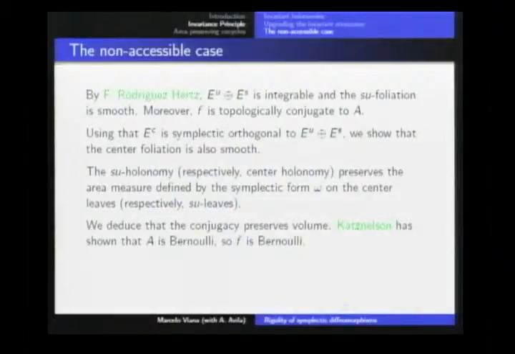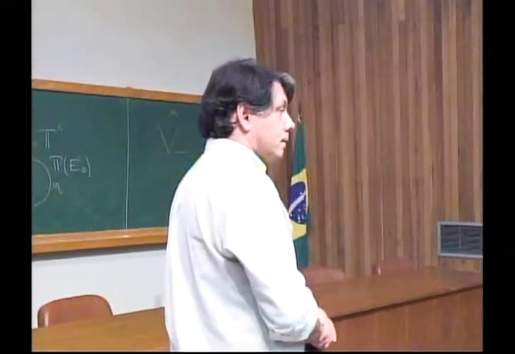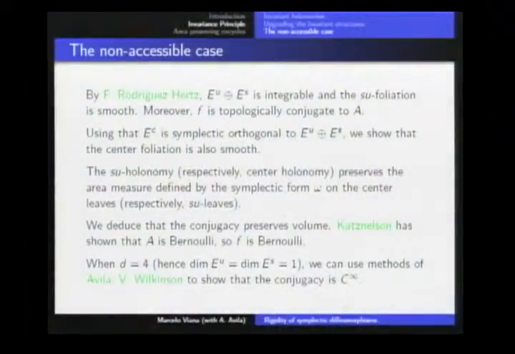My F, being volume-preserving conjugate to a Bernoulli map, is also Bernoulli. As long as you keep the center two-dimensional, that's crucial, that still works because you still have center bunching and so on.